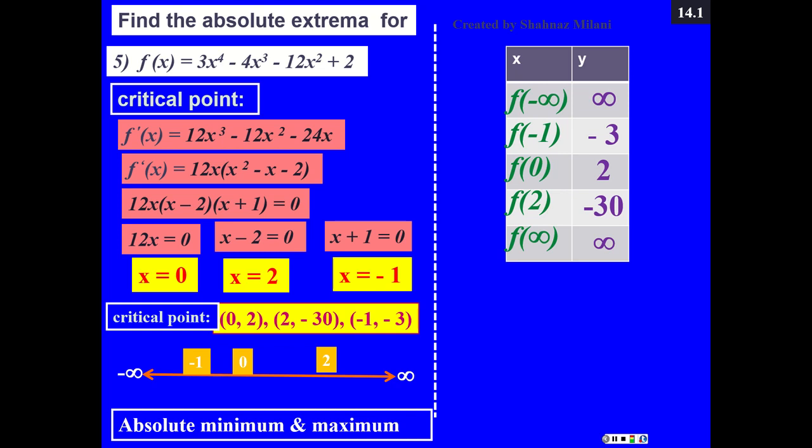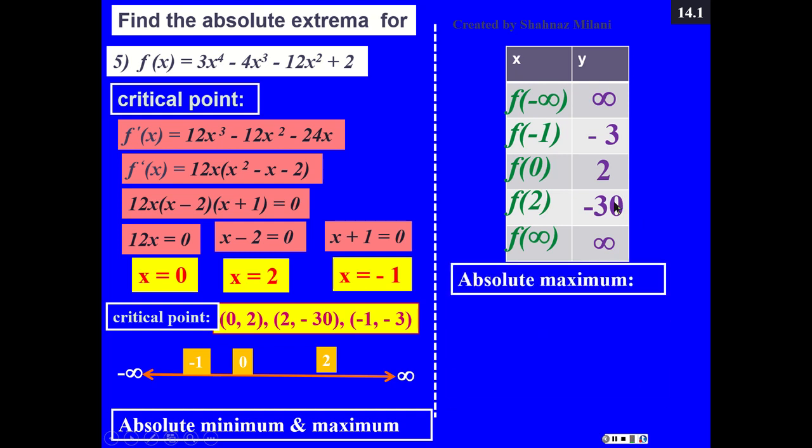Now, the highest number, that is going to be your absolute max. That means here is absolute max, and the lowest number is absolute min.